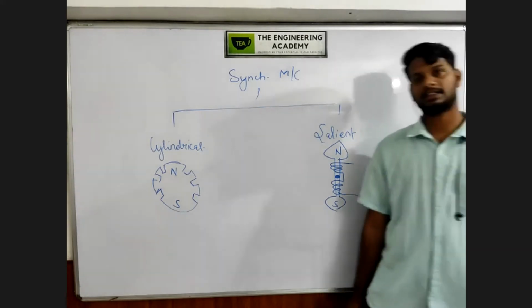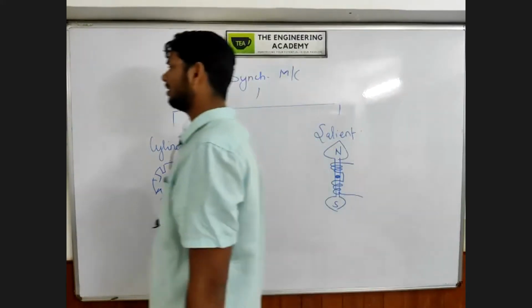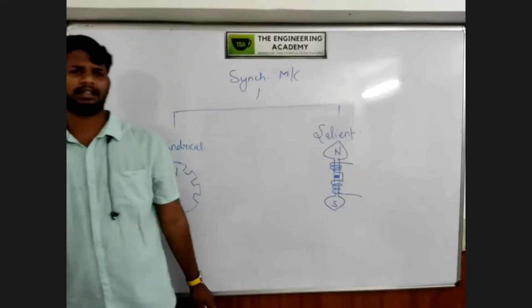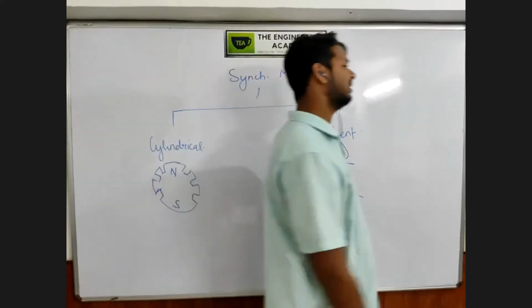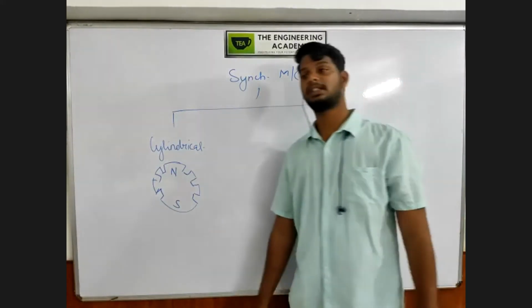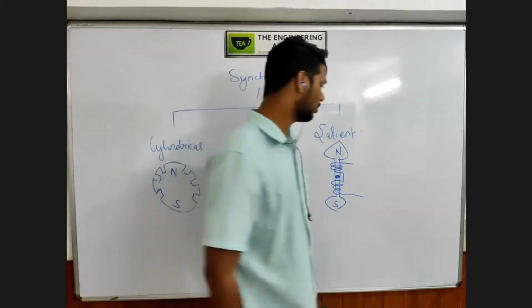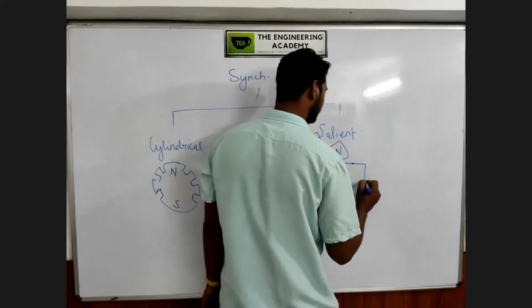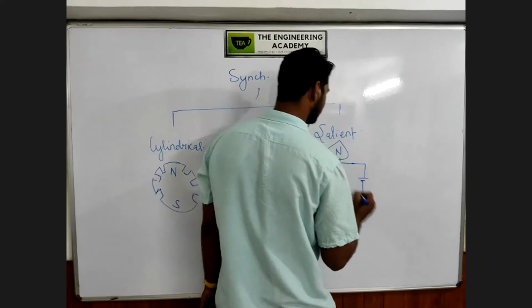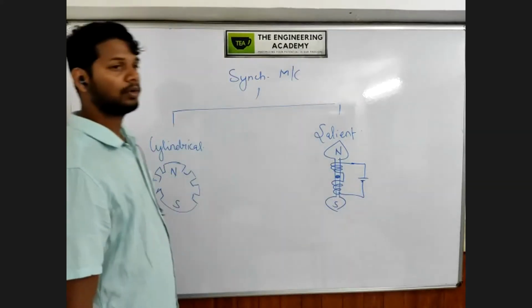Listen carefully. I will not give you the theory part in writing; I will just dictate. The synchronous machine is a doubly excited machine, because for the rotor we have to give a DC supply, and for the stator we have to give a three-phase supply.